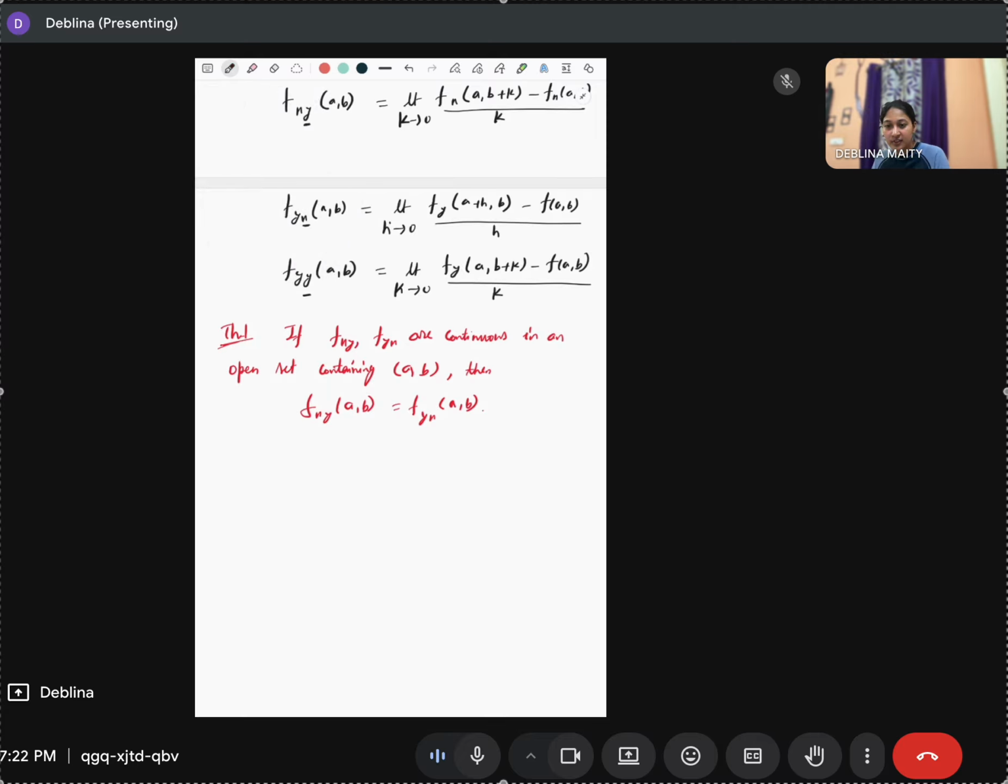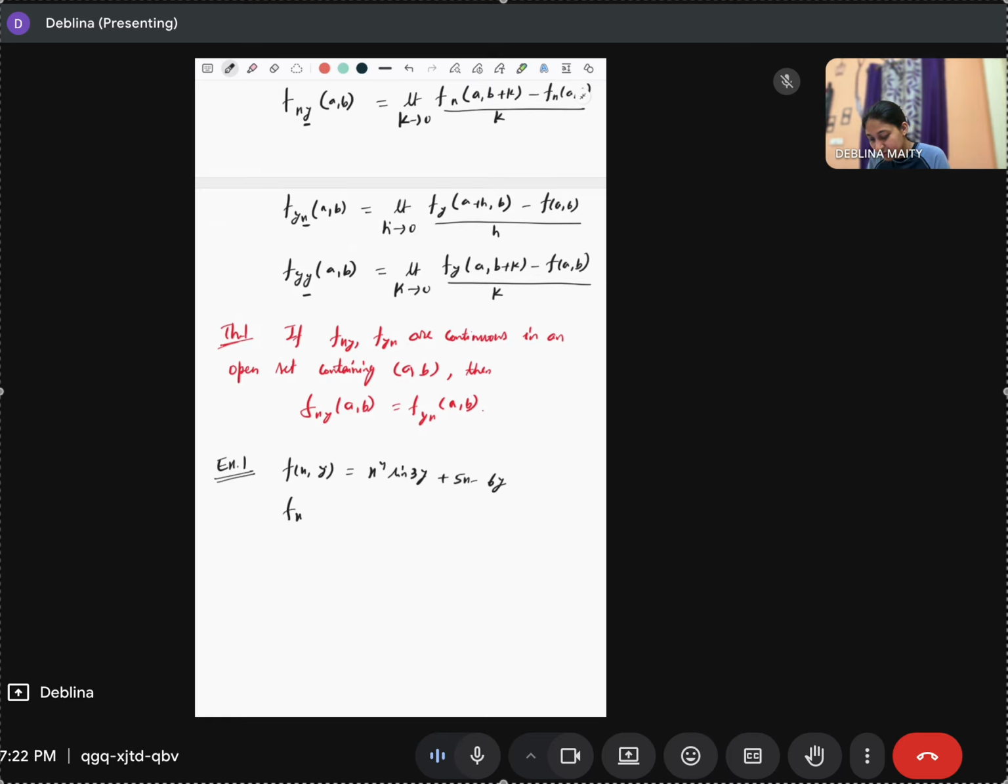You have to calculate this fx, fy for a function. So take this function f(x, y) equals sin 3y plus x to the fourth plus 5x minus 6y. Right.